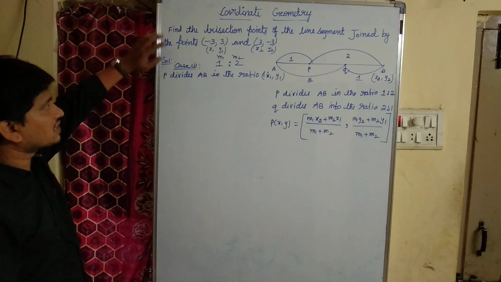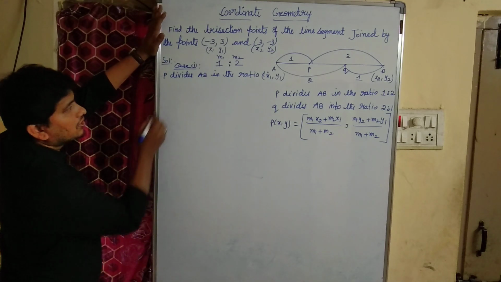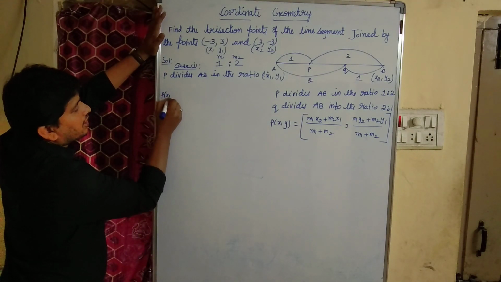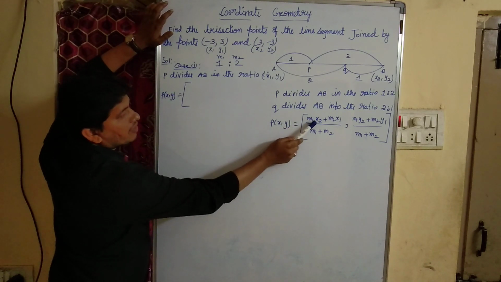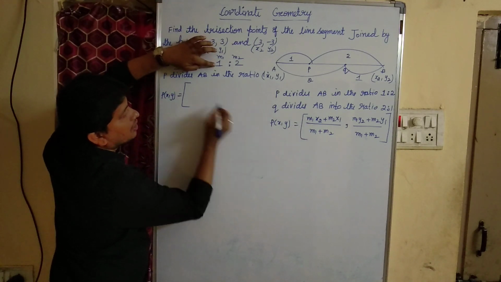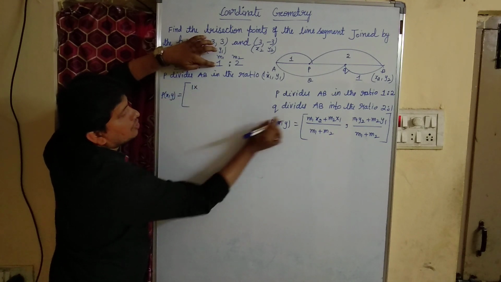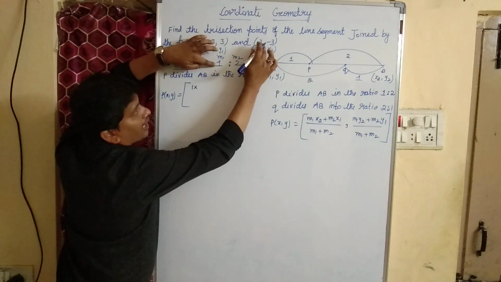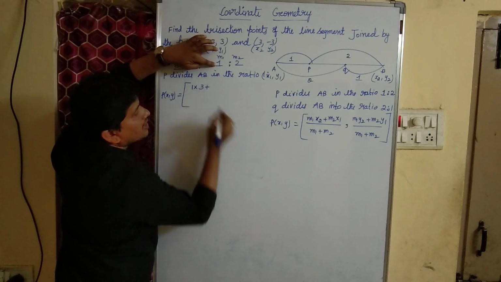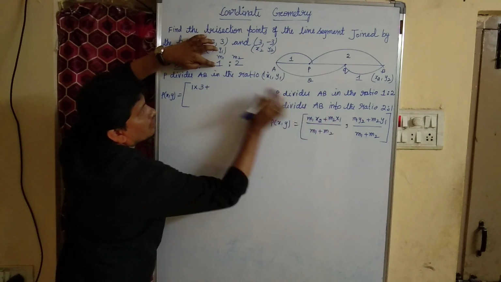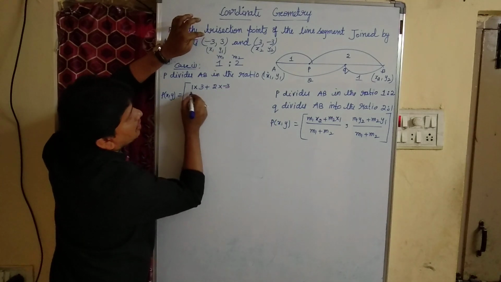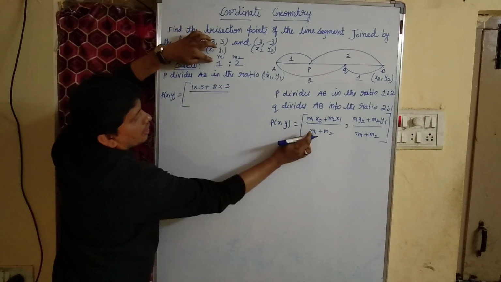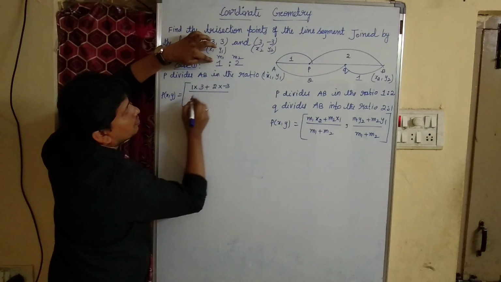Right? So as x1, y1, x2, y2 as it is, let us find coordinates of P of x comma y equal to m1 x2. Children, m1 value is 1 into x2 value 3 plus m2 x1, m2 value 2 into x1 value -3 divided by m1 plus m2, 1 plus 2.